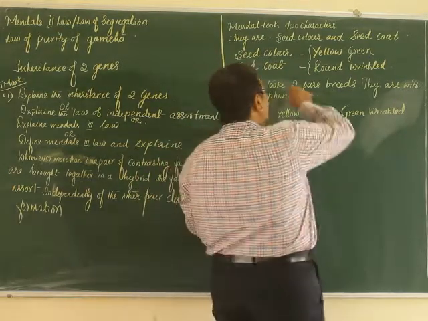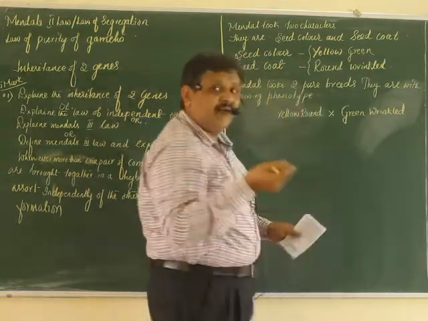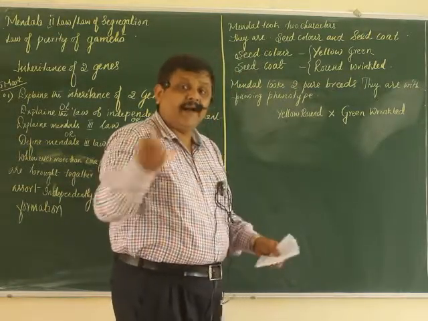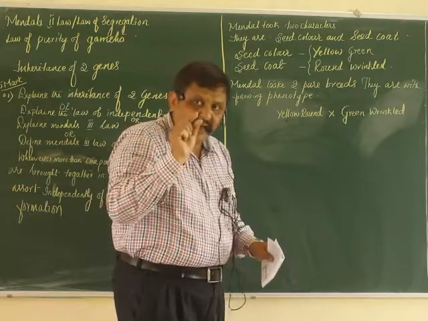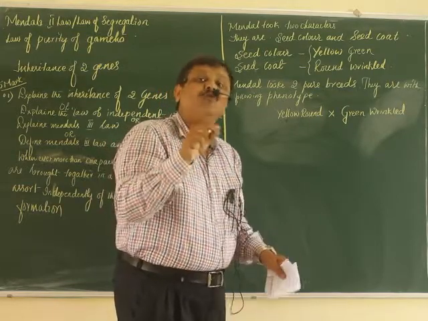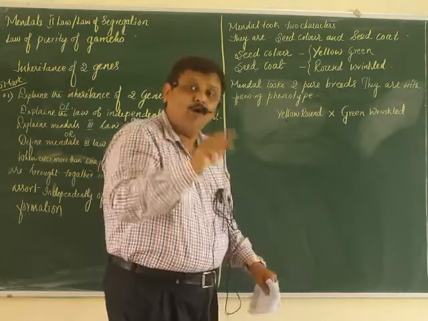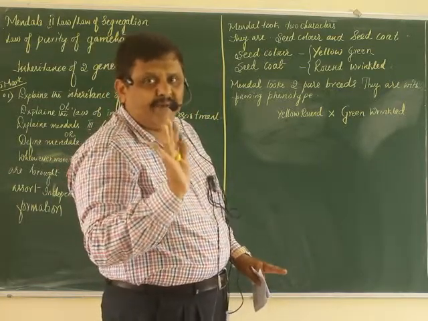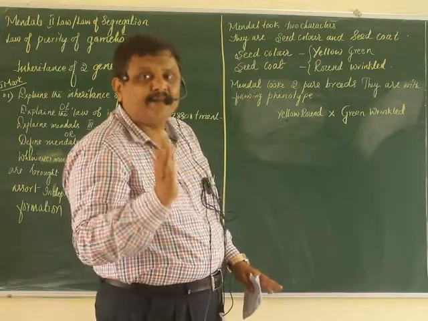In the same way, seed coat, round and wrinkled. The same seed coat may not have 2 properties. Either it may be round or it may be wrinkled. I hope it is clear to you. If you have any doubt, you call me and ask me the doubt.